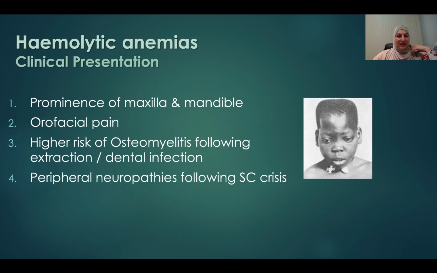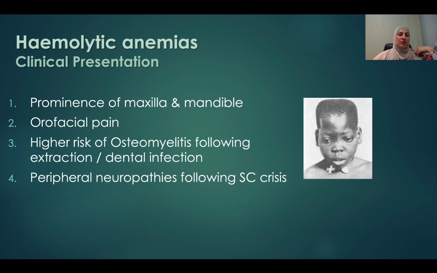These are some of the clinical presentations of sickle cell anemia. Patients will have prominence of the maxilla and mandible, and orofacial pain related to ischemic changes. Also, the patient might have dental pain related to necrosis of the pulp due to sickling crisis.